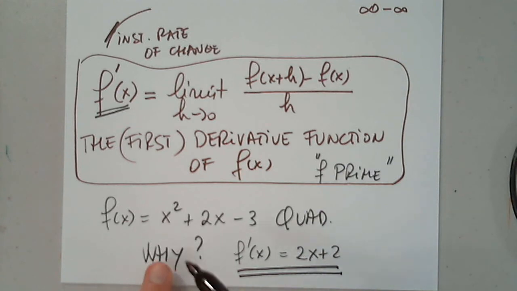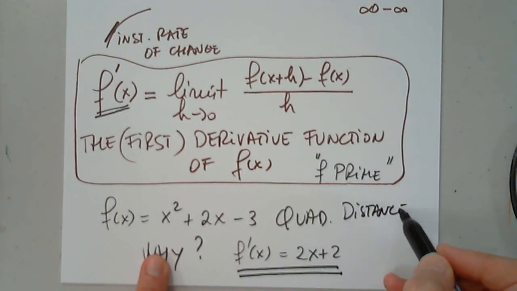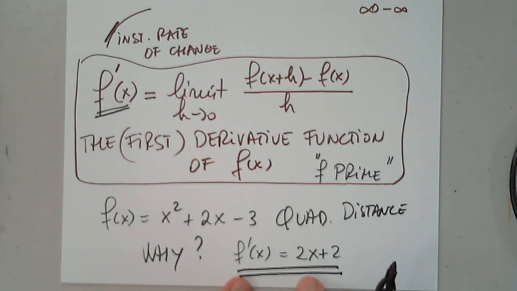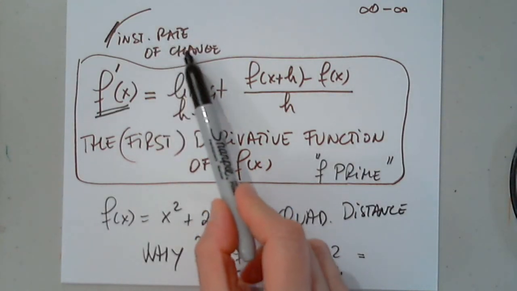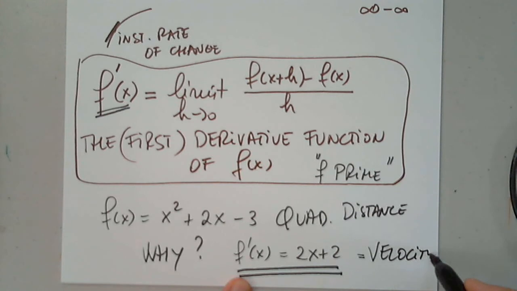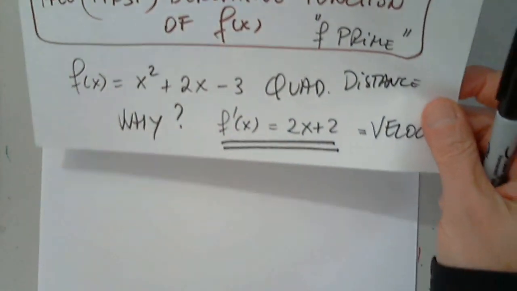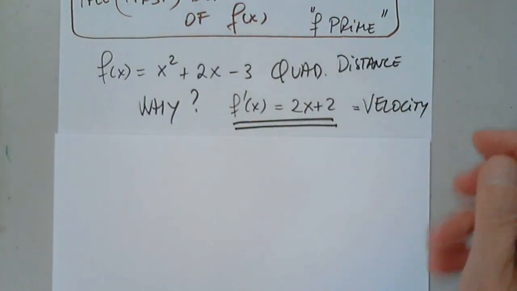I'm happy with this. Why would I want to determine this? Here's one example. Let's suppose this is the distance function. If I determine this function, what will this become? By definition, what is the rate of change of distance with respect to time? What will this function be? Yes, velocity. So this function, I'm going to write this down: f prime gives the instantaneous rate of change.